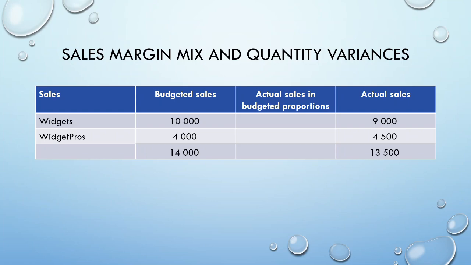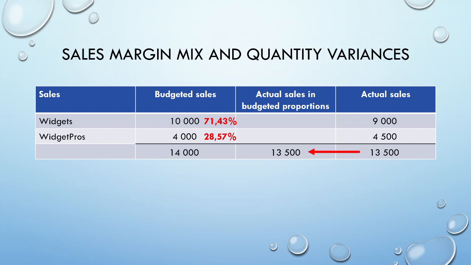Now we need to calculate the middle column. This column shows us the actual sales, but in the budgeted proportion. So the actual sales was 13,500 units. Now we need to split this in the same proportion as the budgeted sales column. If we simplify the budgeted sales column, we see that widgets form 71.43% of our total sales, while widget pros are 28.57%.